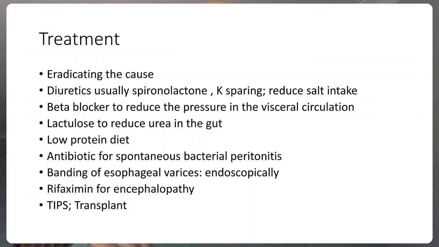Once they are in one of the major hepatic veins, they can make a track between the portal branch and the hepatic vein branch, and with that track they can insert a stent. So it's a transjugular intrahepatic portosystemic shunt.